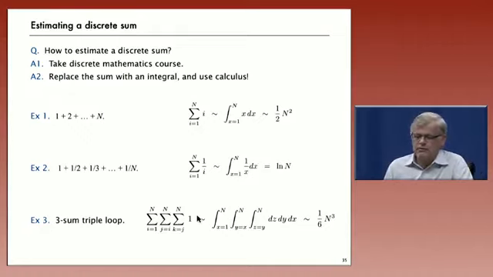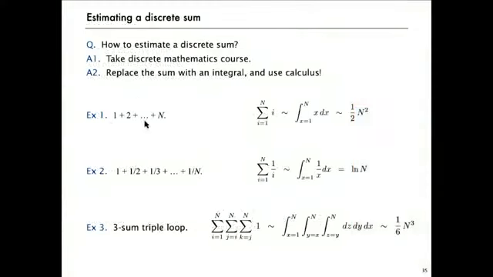So a lot of times we find out that we need to come up with an estimate of a discrete sum, like we did for 1 plus 2 up to n, or the sum of the squares, or other things like the three-sum triple loop. And actually, if you've had basic calculus, one way to think of it is to just replace the sum with an integral. That usually works, or we can do the math and use the so-called Euler-Maclaurin summation formula to get a true approximation.